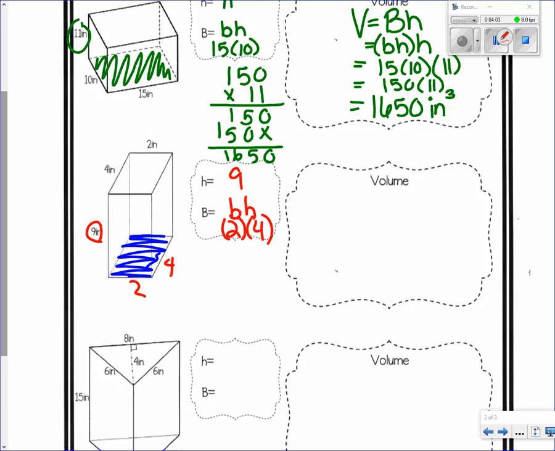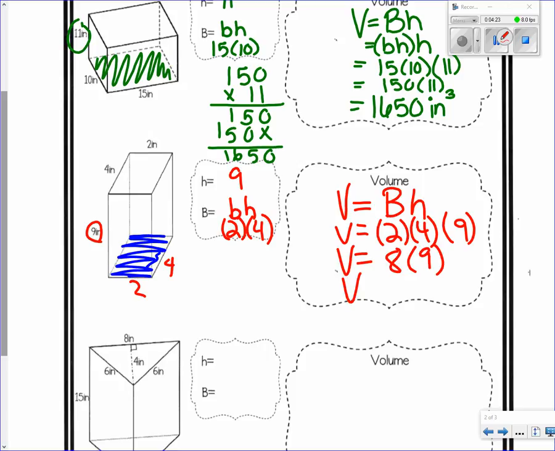Now we're going to put our formula, big B times height, and now we're going to plug in. So our big B is this 2 times 4. Our height is 9. So we have 2 times 4 is 8, times 9, 72 cubic inches. And the way I always remember the cubic is that I envision we're actually putting cubes in here, like I think of sugar cubes. If you've ever bought sugar cubes, they actually come in a prism and they're perfectly in there.